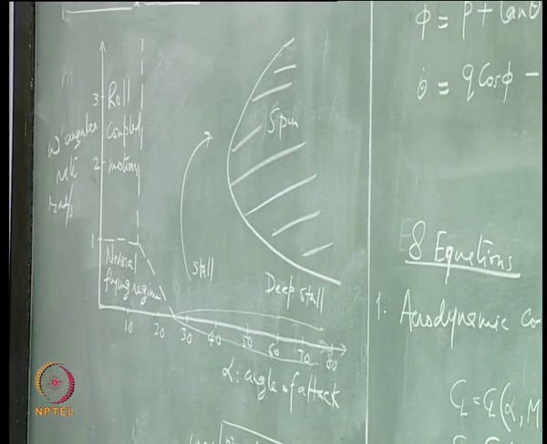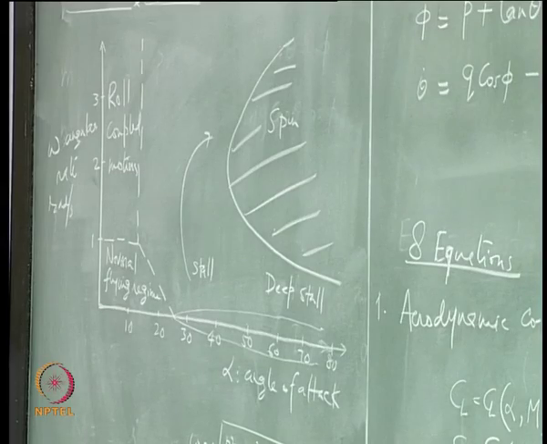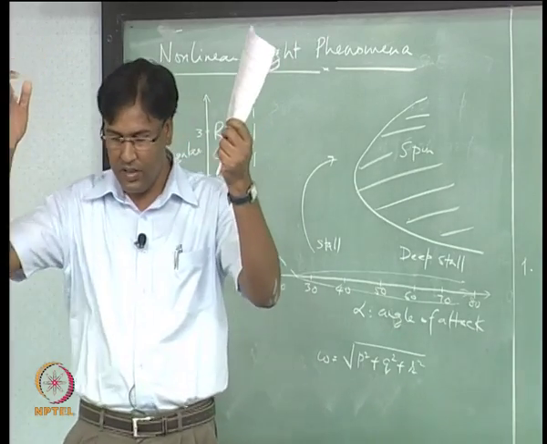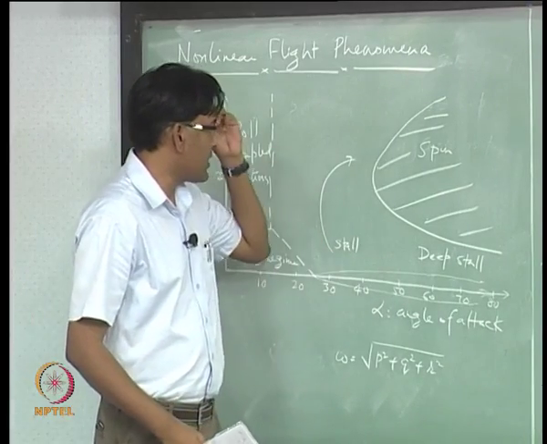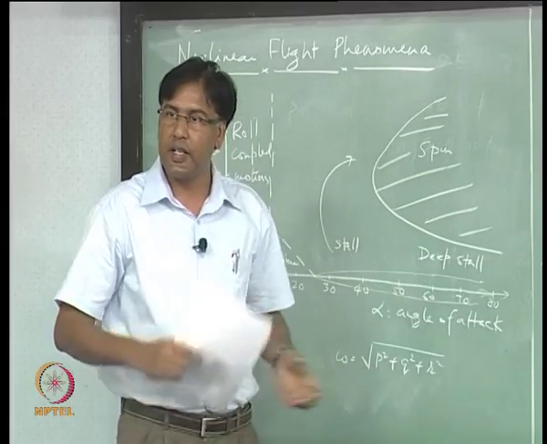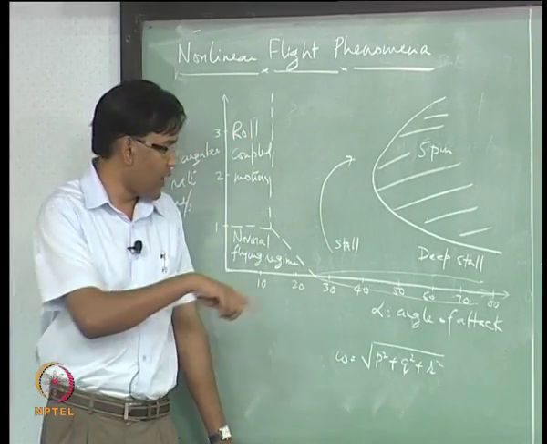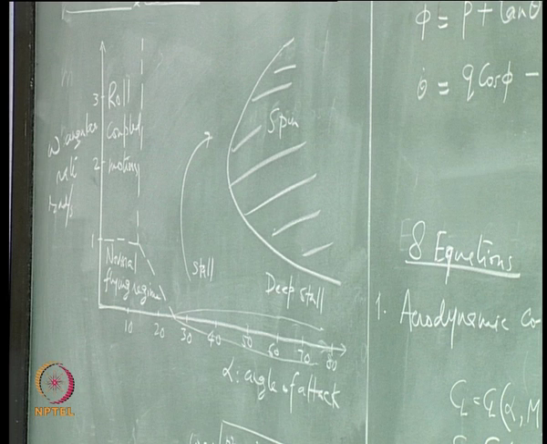Either you do it yourself, or it may so happen that you have a lot of wind, like a thunderbolt or microburst condition, where a vertical column of wind is coming down and spreading, right. So in such a situation you can have a condition which is called spin, and spin is basically a high rotation in yaw of the aircraft, and that's purely because of aerodynamic reasons, right. Okay, let's also quickly talk about the roll coupled problem.